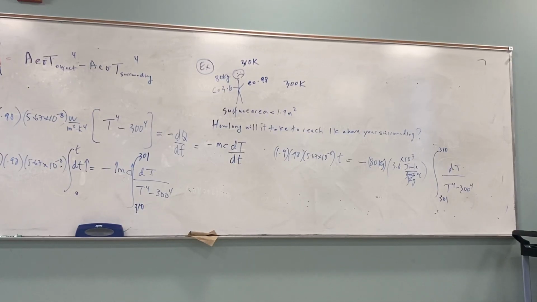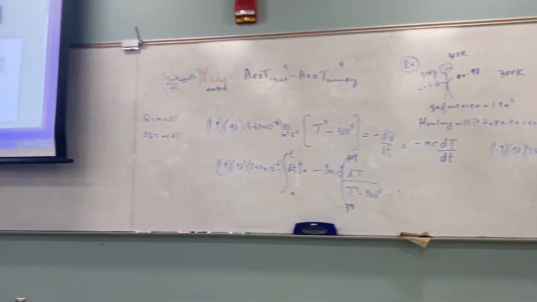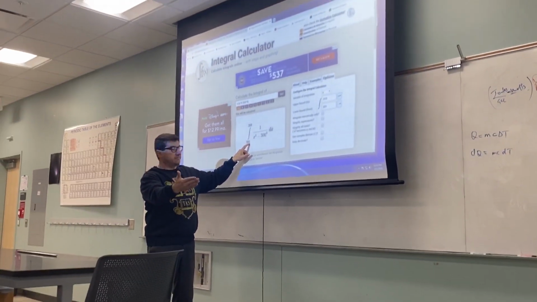Got it. She was telling me about the negative, and I was confused. See? This is how much you're radiating based on your temperature, and this is how much you're absorbing from the atmosphere. So here, don't put 301, because that means the atmosphere would be 301. Here you put the atmosphere's temperature, and then here you put the final temperature you want to achieve, 301.